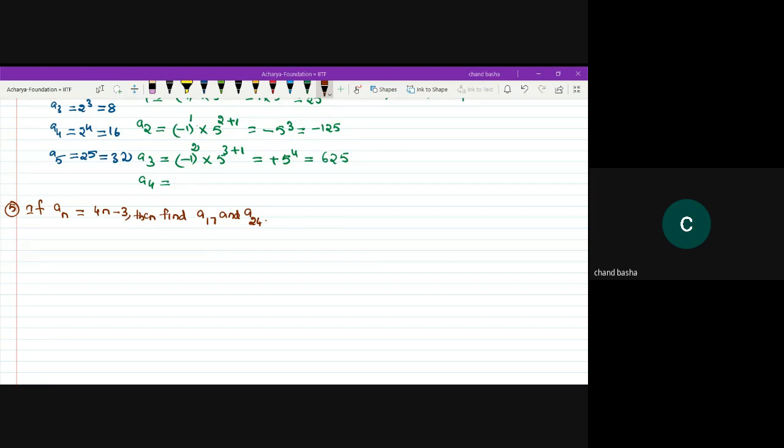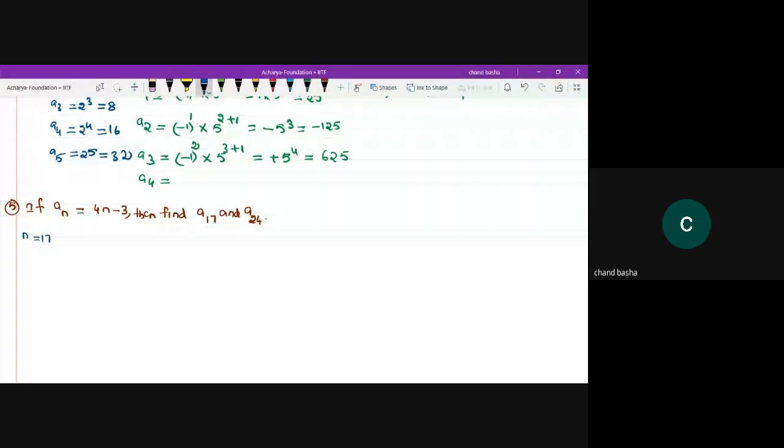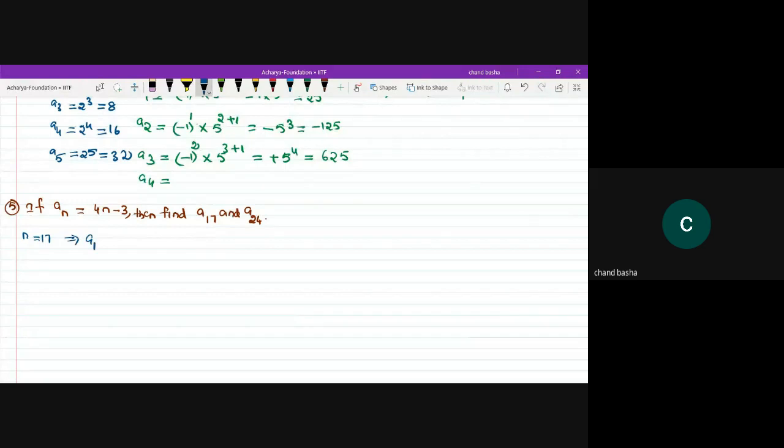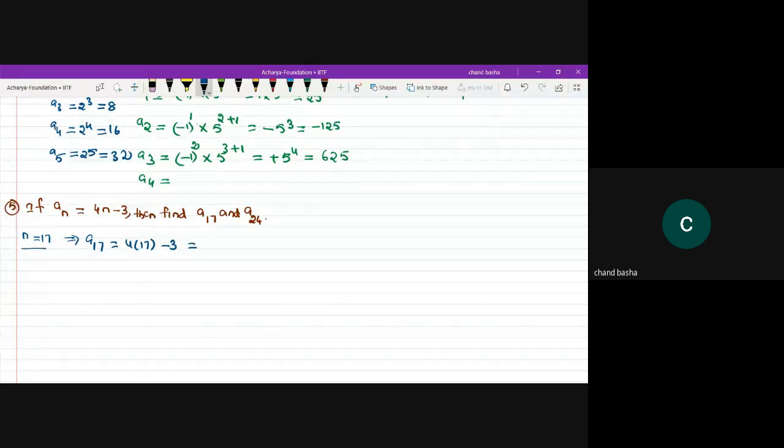Yes, very good. Just put that particular value which he has given in the suffix 17: put n is equal to 17, and you will get the a17 value. That means 4 into 17 minus 3. Similarly, put n is equal to 24, that is what he is asking, which implies a24.